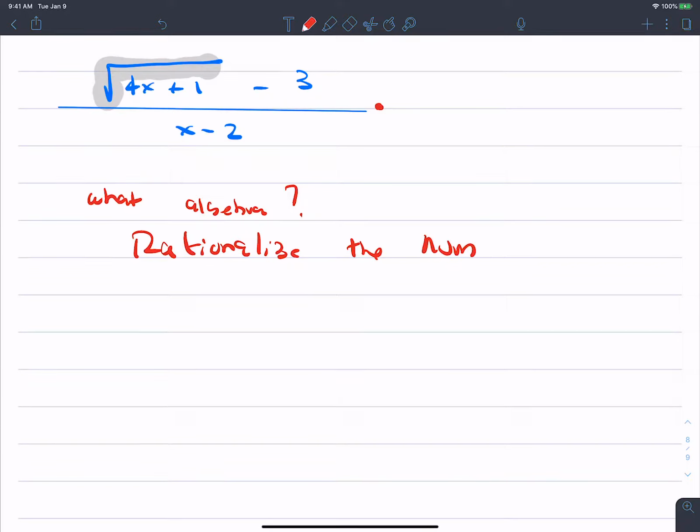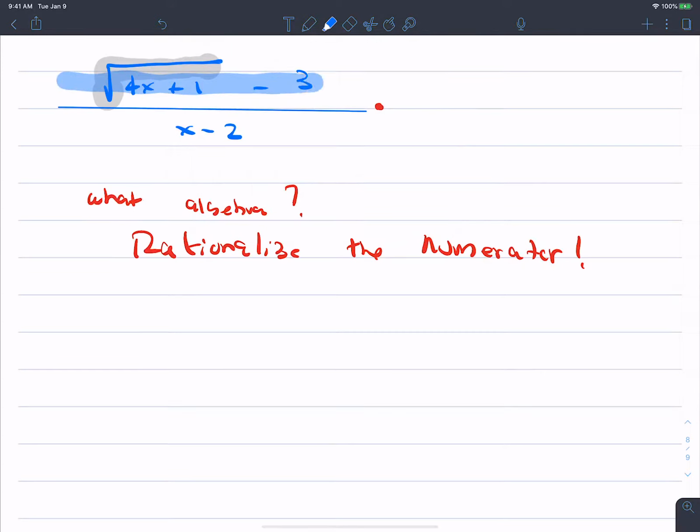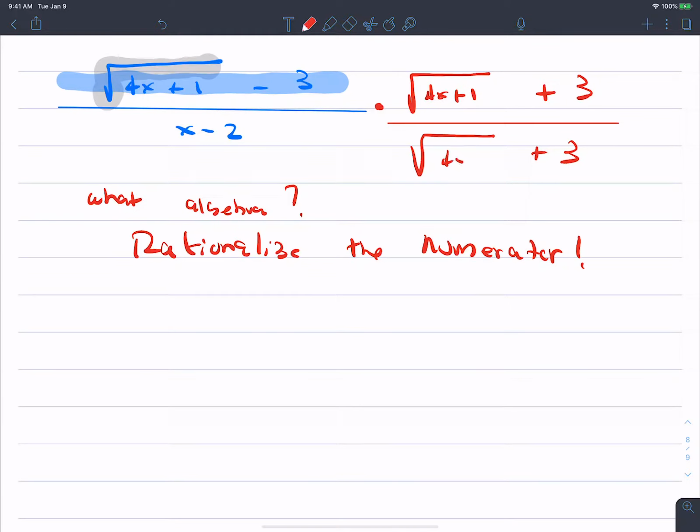And that's what you're going to do, right? Rationalizing that numerator, you might say, well, what's the numerator? Everything on top. And how you do that is to multiply top and bottom, if you guys remember, by the conjugate. So this is plus 3, and that's the square root of 4x plus 1. So you're going to multiply both the top and the bottom by the conjugate.